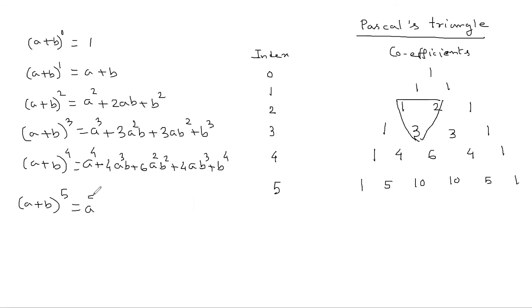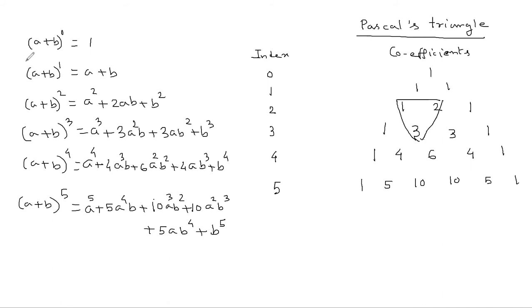It is going to be a power 5 plus 5C1, that is 5 a power 4 into b, plus 5C2 is going to be 10, so it is 10 a cube b square, plus 10, 5C3, a square b cube, plus 5 a b power 4 and the last one is b power 5. Okay, so this is how we write. Similarly, you can write 6, 7, etc.